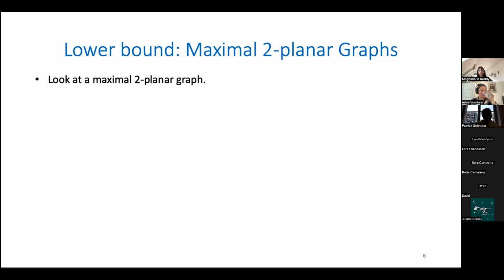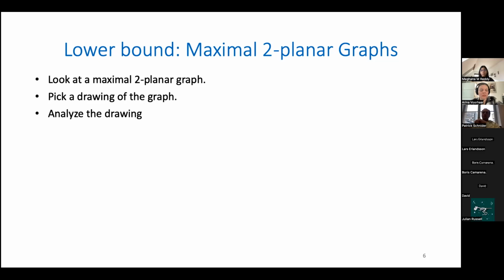So what we want to do is look at a maximal two-planar graph. Let's say we pick some arbitrary maximal two-planar graph. Then the next thing we do is pick a drawing of this graph, and then we analyze this drawing. And what exactly do we analyze? We analyze the number of low degree vertices. What do I mean by low degree vertices?